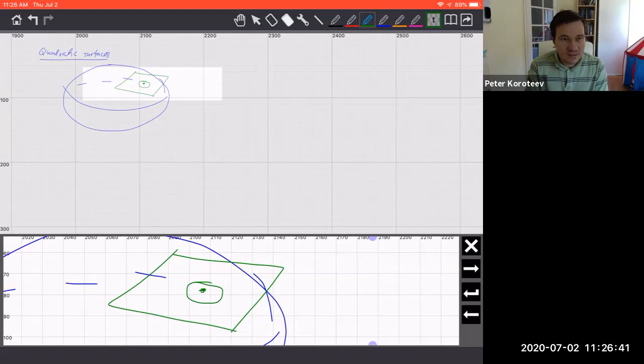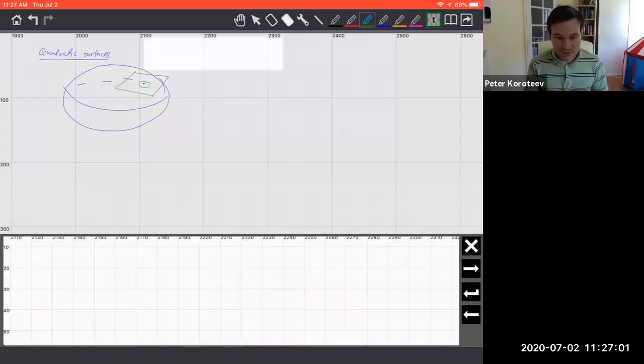Now, the joke about flat Earth is that there are supporters of the flat Earth theory all over the globe. Yeah, so the plane is one example of a surface, but of course there are more interesting examples.